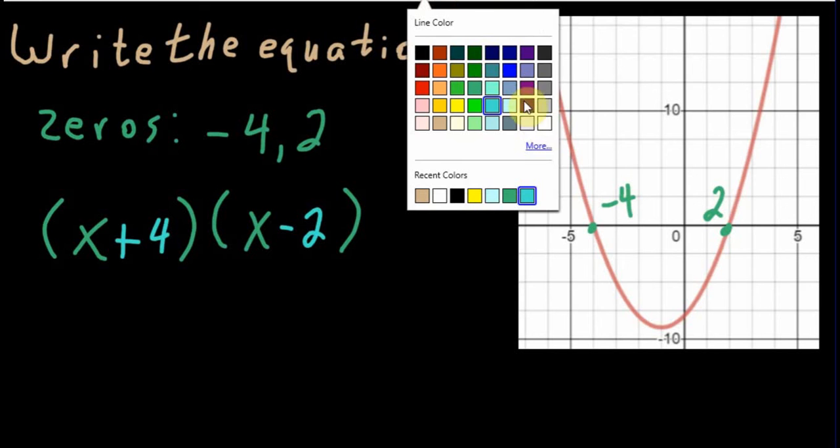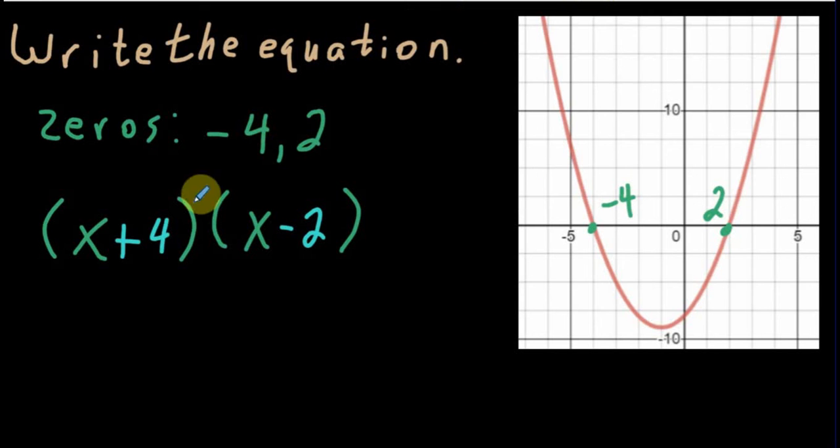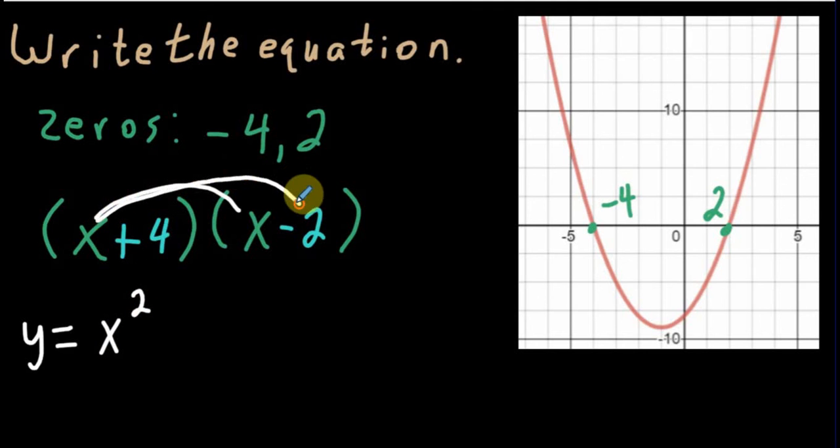Then we multiply it back together. So we're going to have y equals, because it's the equation of the quadratic, and then x times x times -2. We have to keep that sign in front of it.